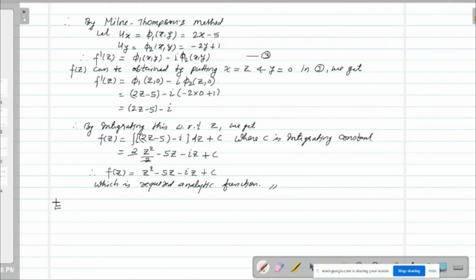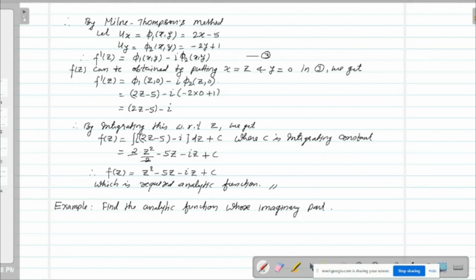Example. Find the analytic function whose imaginary part is given to you.